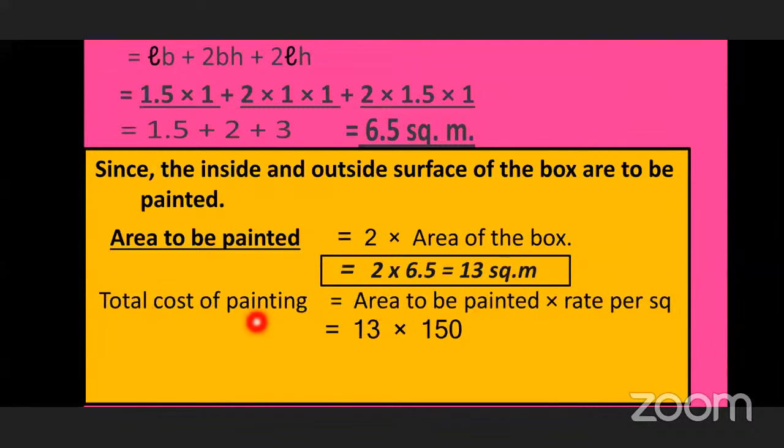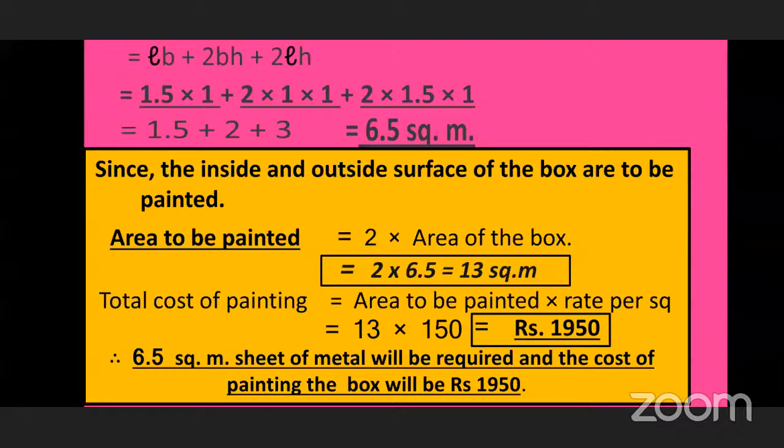Therefore, total cost of painting will be area to be painted times rate per square meter. So it will be 13, as the total area is 13, so it will be 13 times 150. So the answer is 1950 rupees. Okay. Therefore, the total cost of painting is 1950 rupees and the total area is 6.5 square meter.